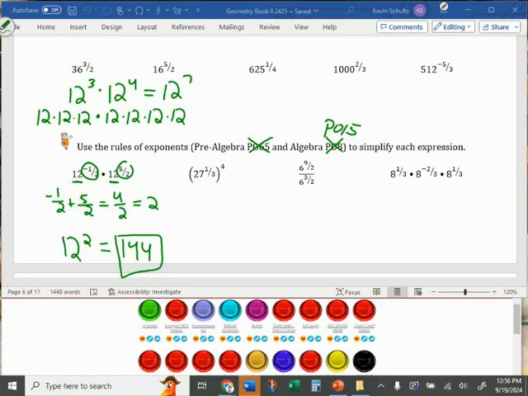This next one is 27 to the 1/3 in parentheses to the 4th power. What's our rule when we have parentheses? Distribute, and what's the operation between the powers? Multiply. You multiply. So this gets distributed into the exponents, and what's 1/3 times 4? 4/3.